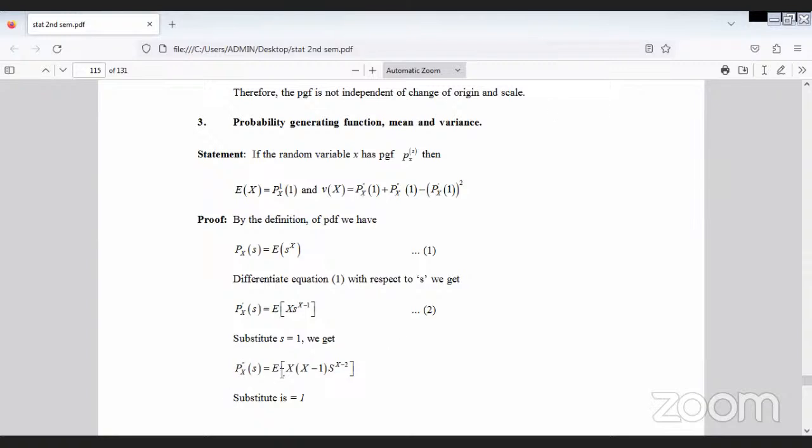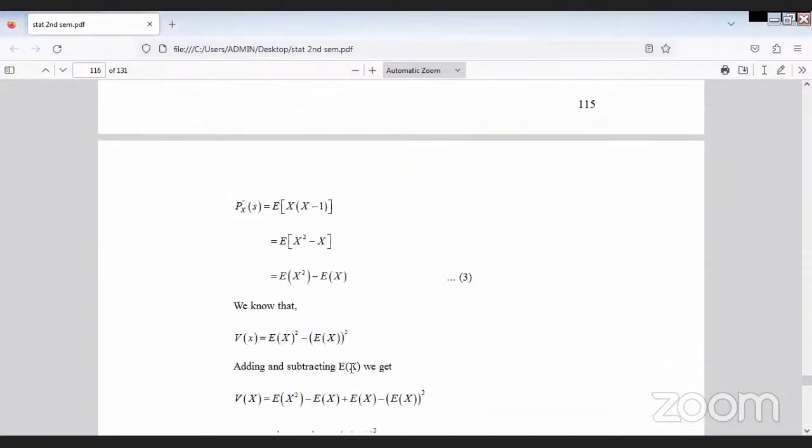P''_X(s) = E(X(X-1) s^(X-2)). Substitute s = 1. Then P''_X(1) is E(X(X-1)), we can write it, yes.